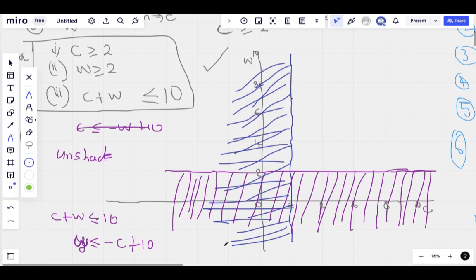Whenever you have this, we draw a straight line. Both C and W will be taken to 10. I go to 10 on W and draw to 10 on C, and draw the line.